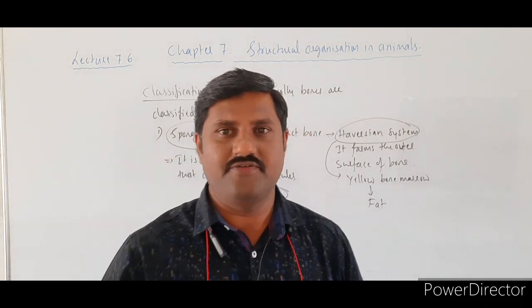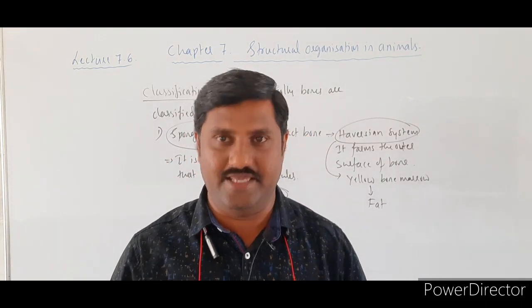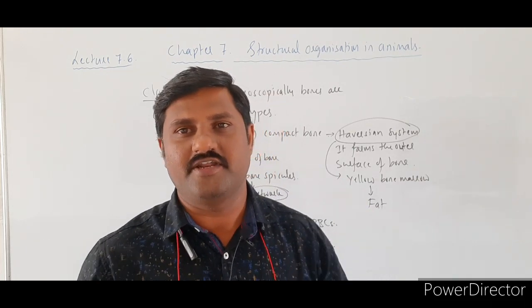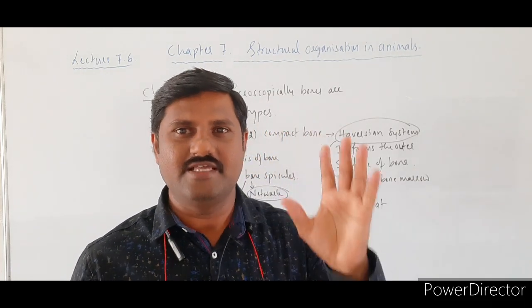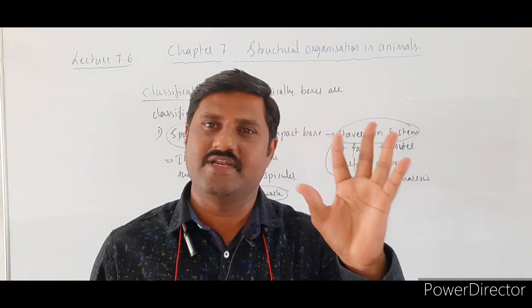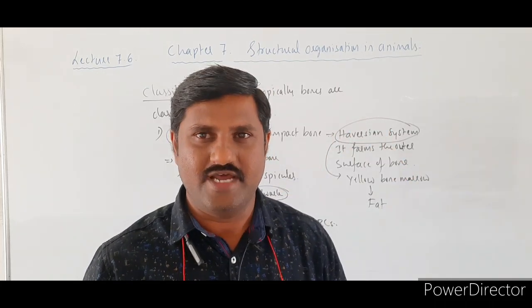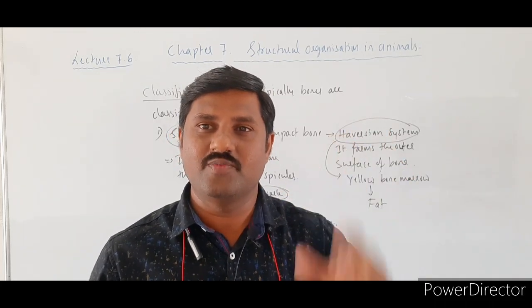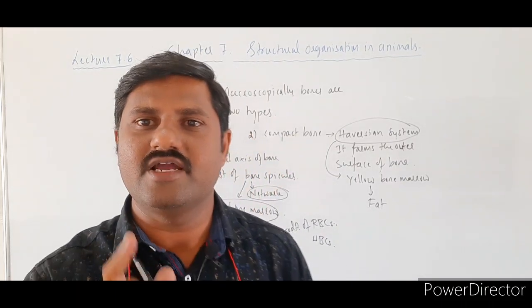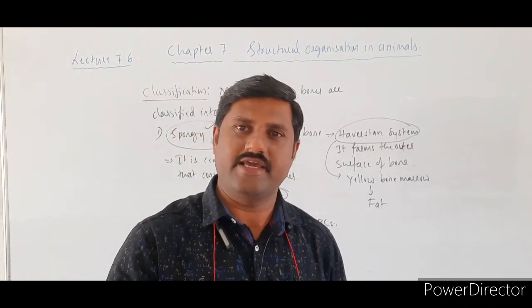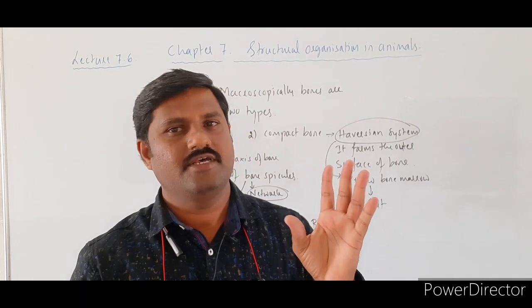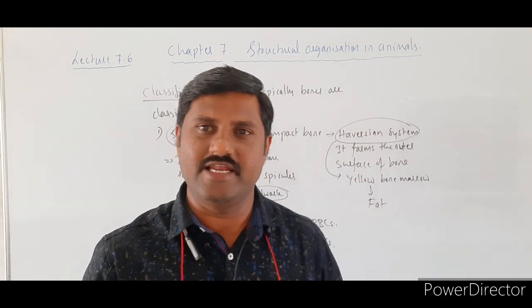Another way is that anatomically the bones are classified into three types. One is long bones, another is flat bones, and one more is irregular bones. So there are three kinds of bones: long bones, flat bones, as well as irregular bones.